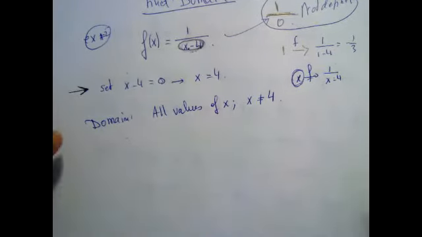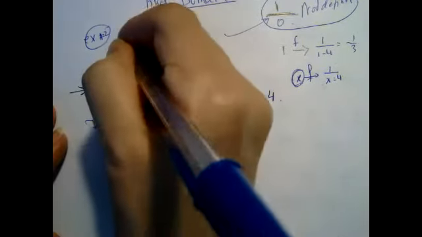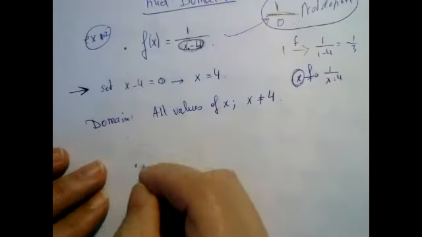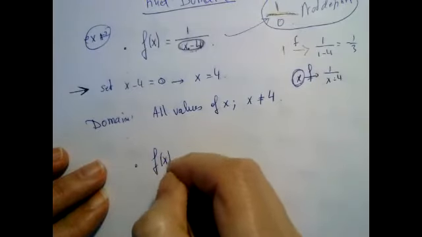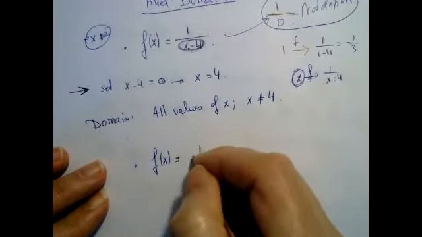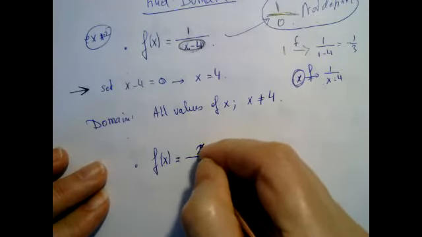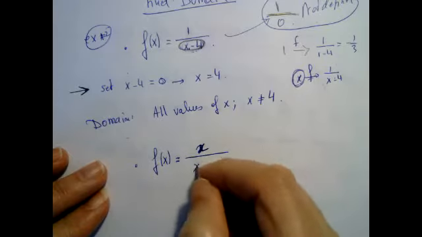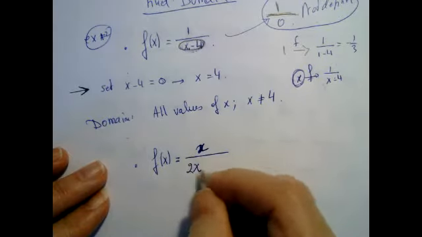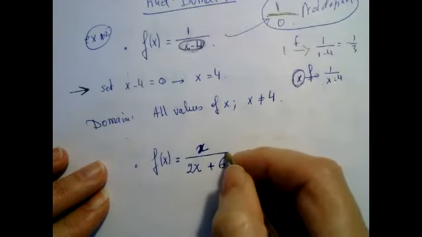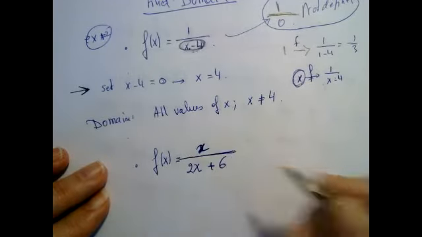And so we're going to do 3 problems along the same line. Then we switch scenario. So again, suppose now I give you f of x equal x in the numerator, and in the denominator, 2x plus 6. This is my function.